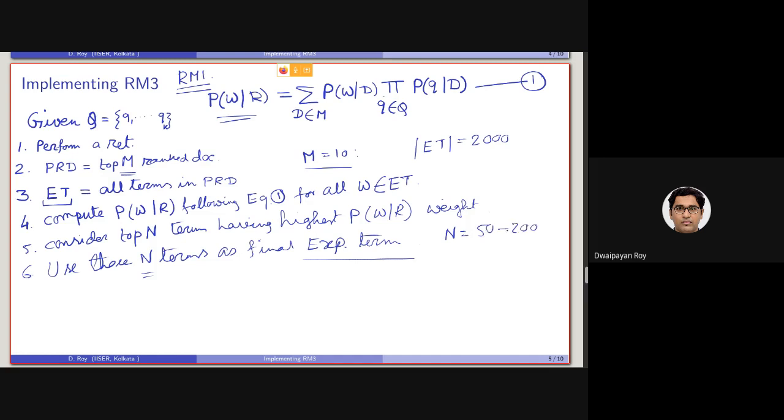So more or less the range of n is set in between say 40 to 200, and the range of m is set from 10 to around 20 or maximum 30.